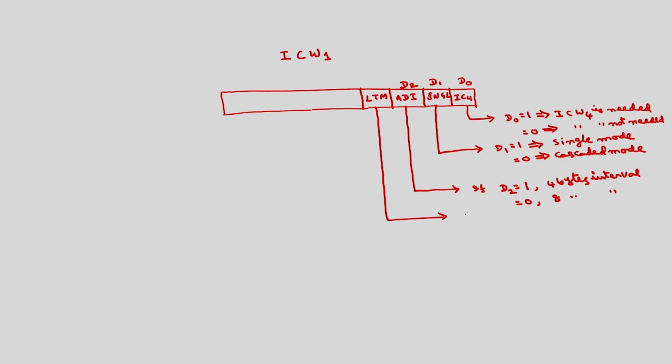So, if this bit D3 is 1, it implies level triggered. If D3 is 0, edge triggered.